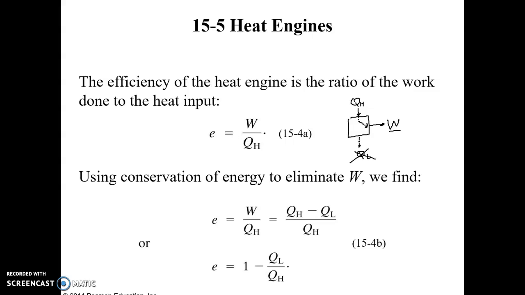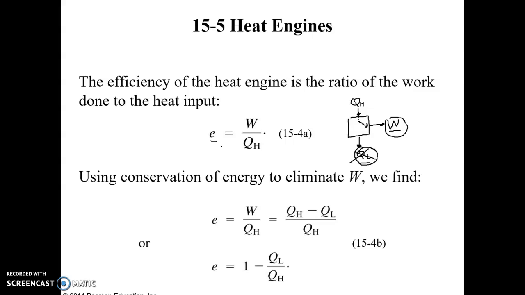But that's not reality. In reality, we need to have some type of low temperature going out. But the more work that can be done and the less amount of low heat coming out to the other end, the more efficient it will be.